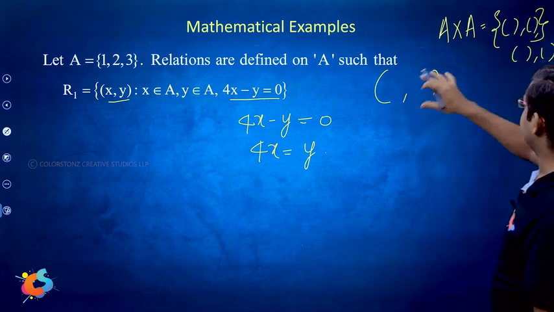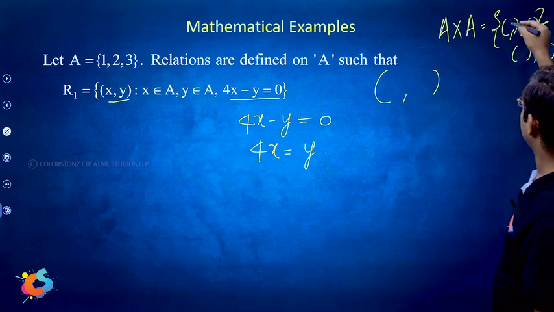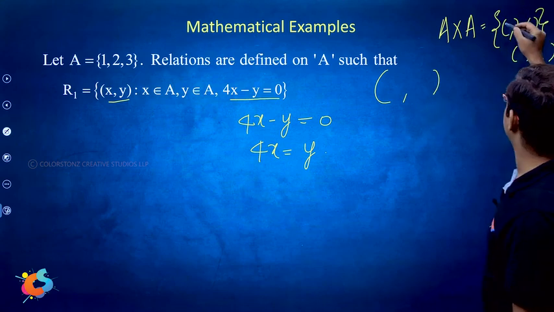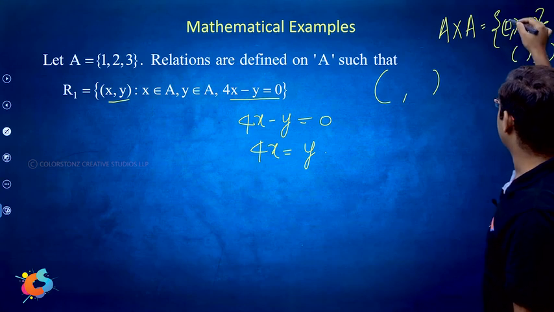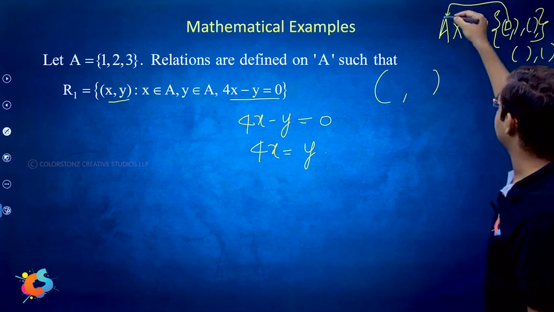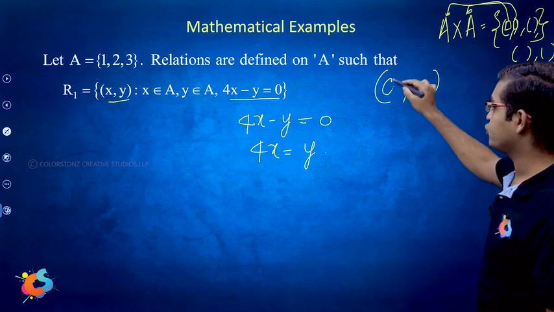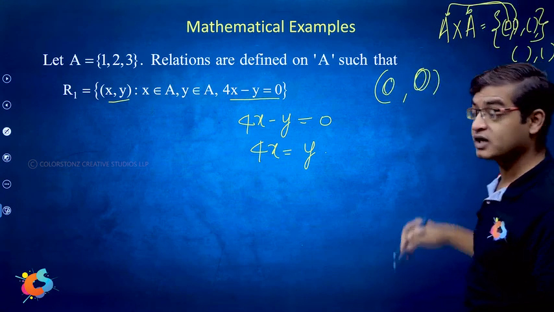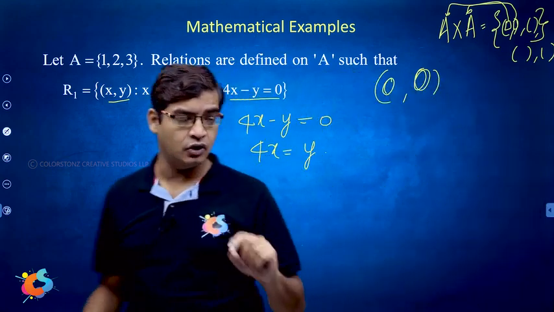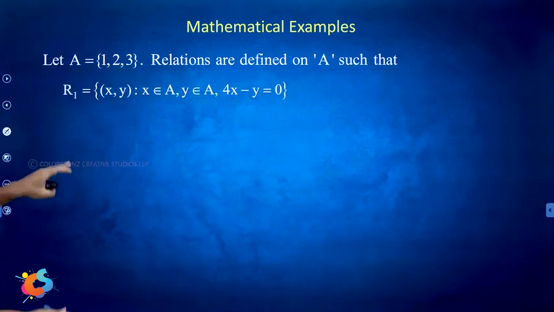So in any Cartesian product, in every ordered pair, the first coordinate will come from this set, the second coordinate will come from this set. So therefore, this should come from set A and this also should come from set A. That's all, right? Okay. So all of this is already known.